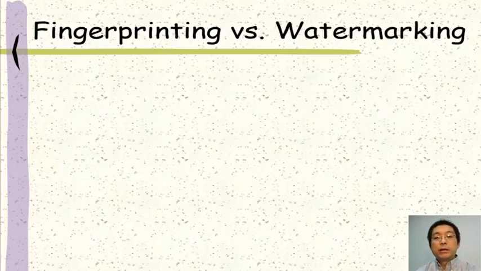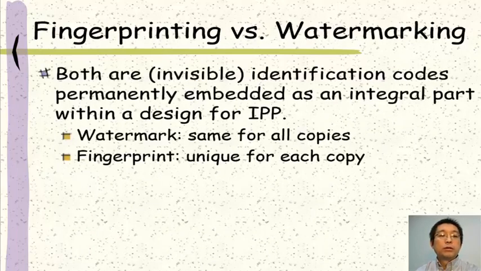Here is some comparison between digital watermark and digital fingerprint. First, they are both invisible identifiers that are embedded in the design permanently for the purpose of intellectual property protection. Watermark remains the same for all copies of the IP, while fingerprint must be unique for each copy.